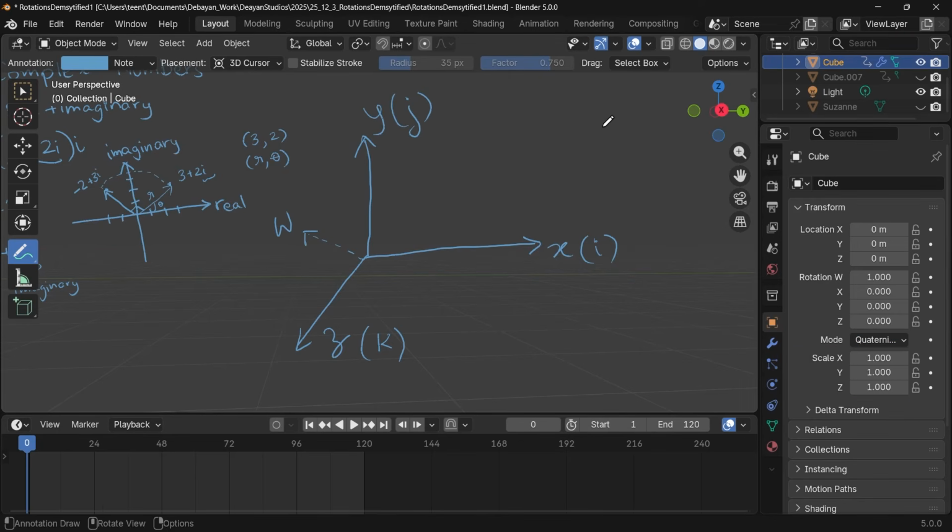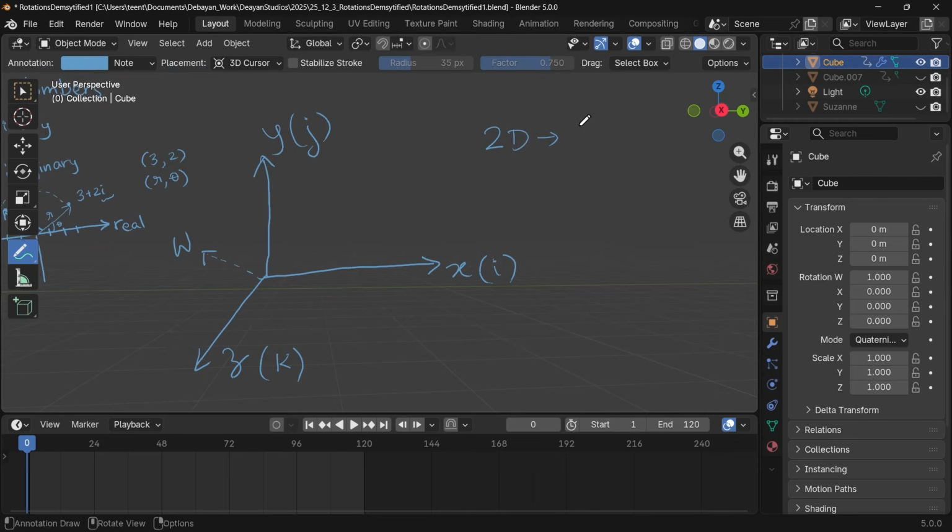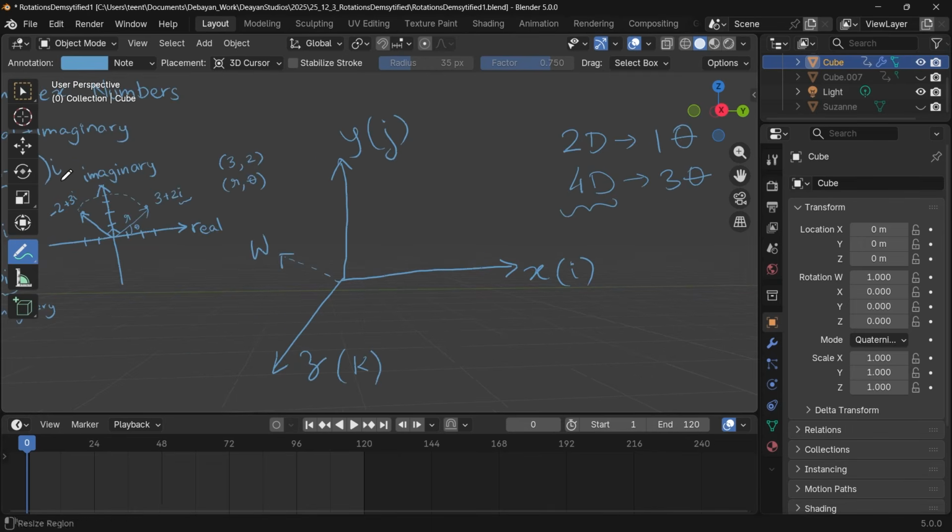So because 2 dimensions gave us one value of theta, if we go up to 4 dimensions, we get all 3 values of theta. So hopefully that is the intuition that's good enough to appreciate quaternions, because we needed 3 dimensions of rotations in 3D space. So we're using a 4D space that we can simply multiply values by to get 3 unique theta values or a rotation about the x, y, and z.